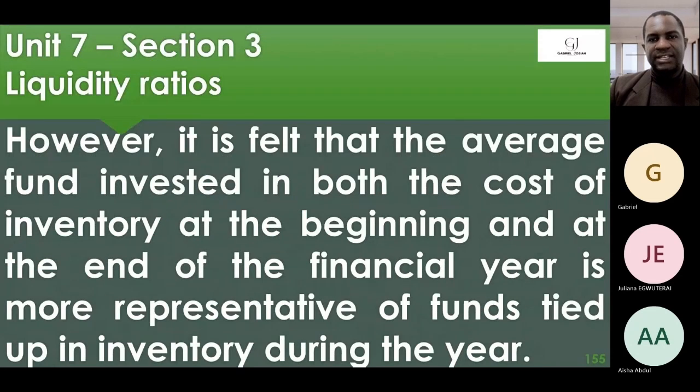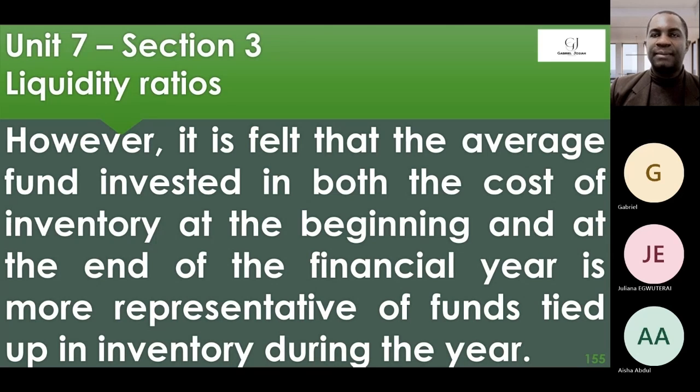However, it is felt that the average fund invested in inventory at the beginning and at the end of the financial year is more representative of funds tied up in inventory during the year. This is the reason why the average is used, or is much more advised, under exam conditions. So you use the beginning and the ending as an average. But if you pick the ending, it is also good.